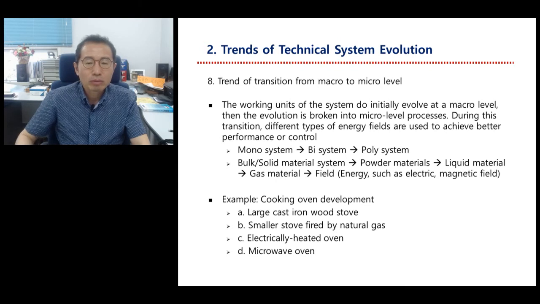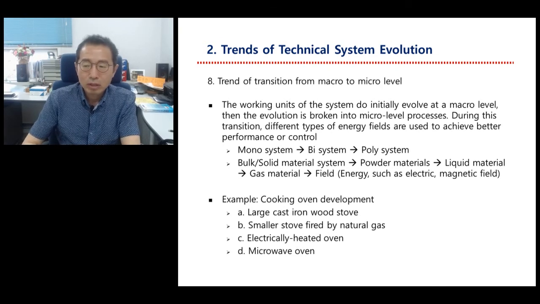Next, the trend of transition from macro to micro level. The eighth trend means that the working unit of the system changes as follows. The mono system develops into a bi-system, and then into a multi-system.